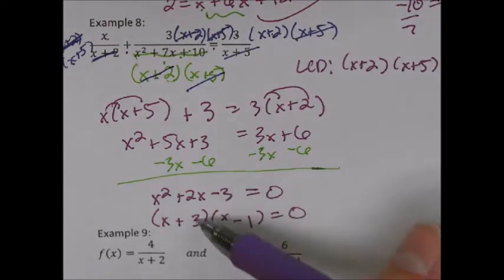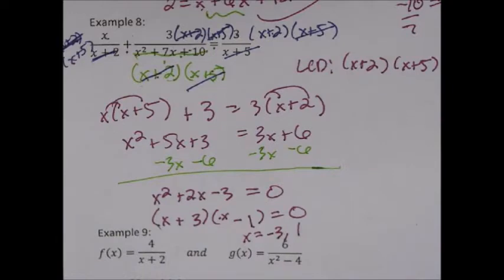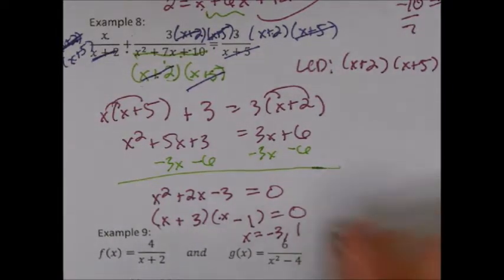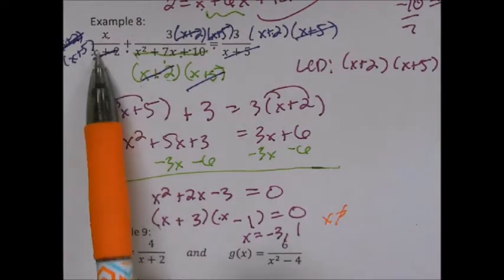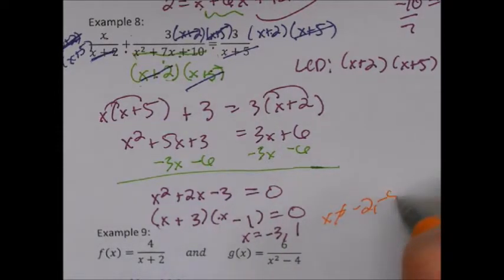So if I have a positive 3x minus x, that gives me 2x. So x equals negative 3, positive 1. What are our excluded values? X cannot equal negative 2 and negative 5. So we're good.